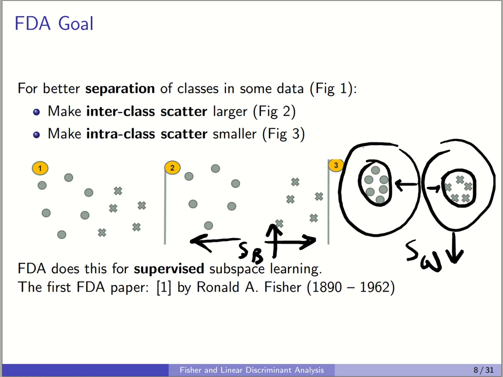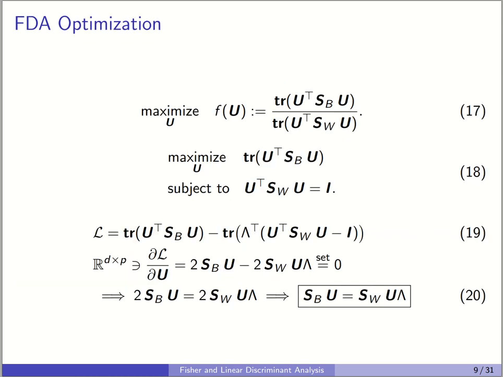For example, in triplet loss or metric learning, even in neural network based dimensionality reduction, when they are supervised, they usually increase the between scatter and reduce the within scatter. And it was proposed, as I said, by Ronald A. Fisher, who was alive in these years, and the whole of modern statistics owes him.